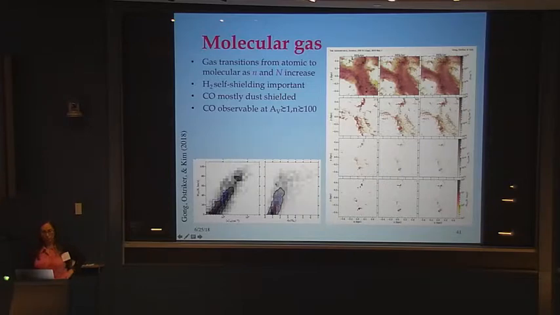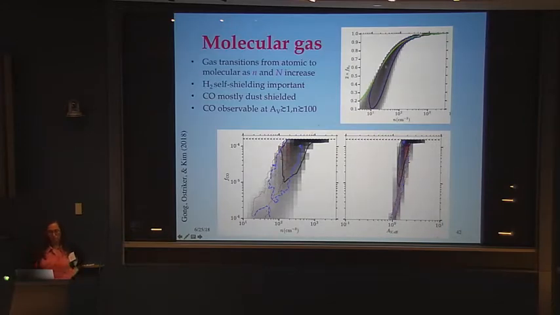So it's observable only at higher AV and higher column, and that's not the same as where the molecular gas is. The shielding depends on both column and density, but because you don't need that high column, it largely depends on density, because generally if you have high enough density, there's high enough column because of the self-shielding.